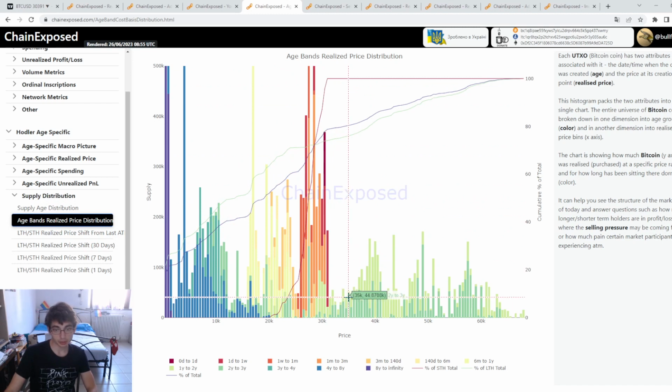And what we can expect going forward is, from 36k, to start seeing a lot of resistance up to 40k. Okay, so from 36k to 40k it will be a huge resistance for us, because we have 1 to 2 year holders that have their holdings there and are still waiting to exit at maybe their cost basis, and 2 to 3 year holders as well. So we can expect that, and we can also expect a lot of resistance at 43.5k.